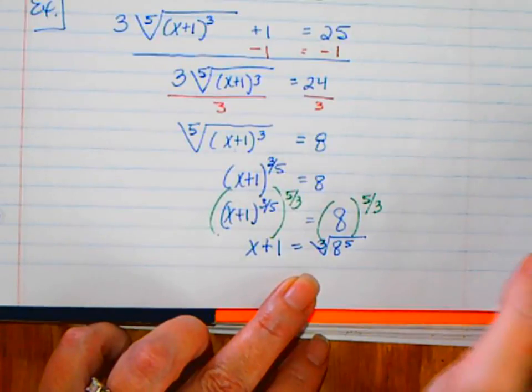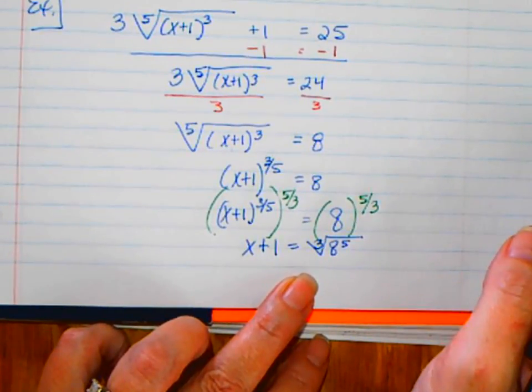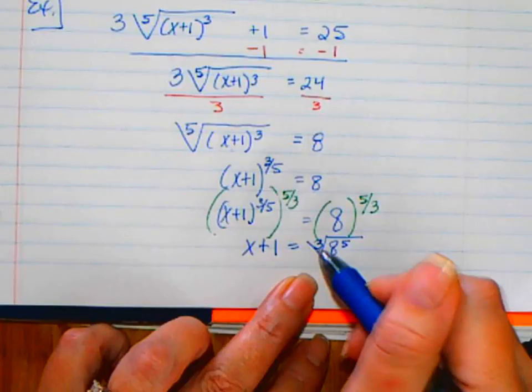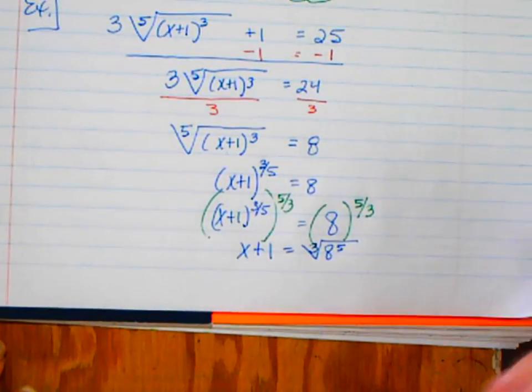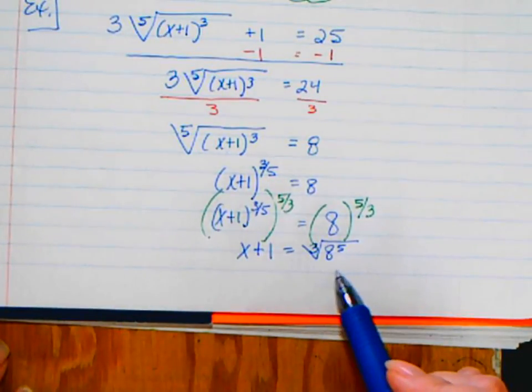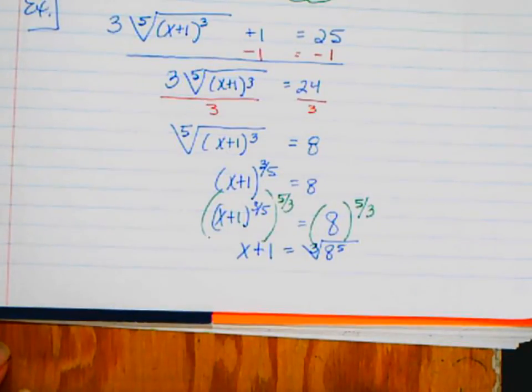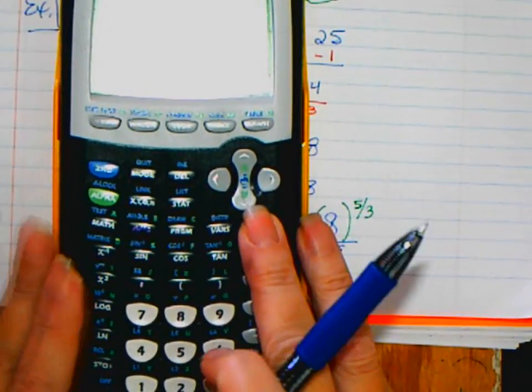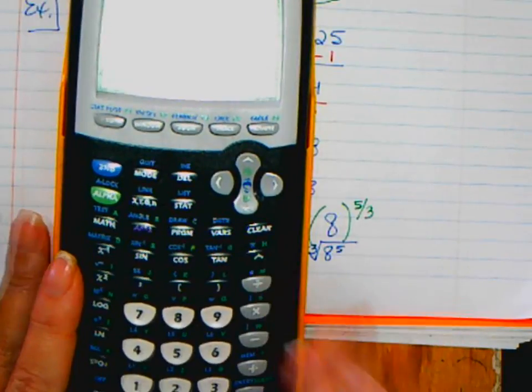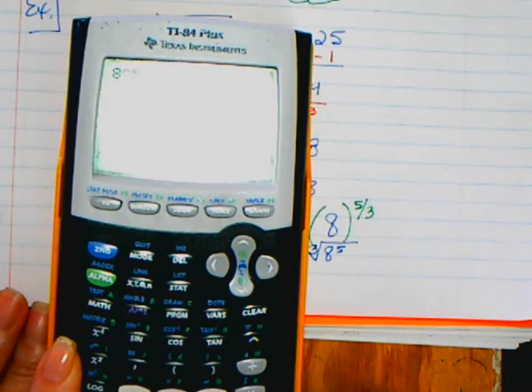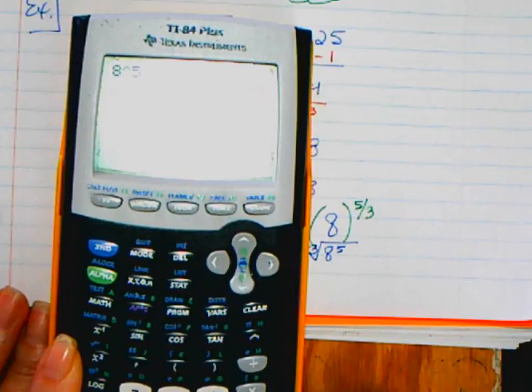Now, would I be taking the positive negative cubed root? No, because index is odd. If it was even, I would. Now, you could either do the cubed root of 8 first, or you could do 8 to the 5th power first. Now, this is what I was talking about. If I decided to do 8 to the 5th power first, 32,768.